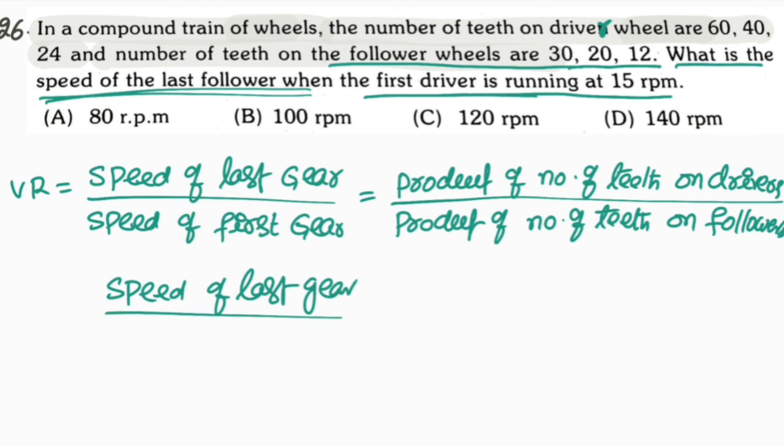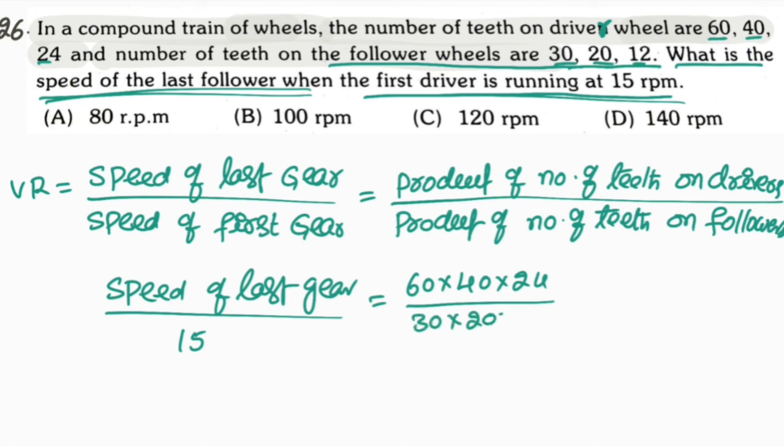How much is the speed of the first gear? 15 is equal to product of number of teeth on the drivers, 60 into 40 into 24, divided by product of number of teeth on the followers, 30 into 20 into 12. 2 times, 2 times, 2 times, 2 into 2 into 2, 8.